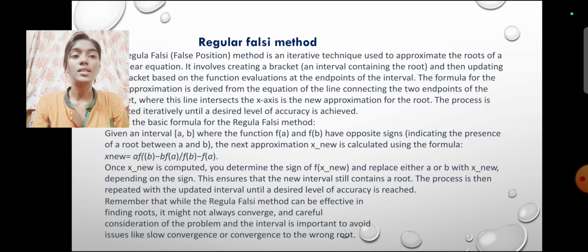This ensures that the new interval still contains a root. The process is then repeated with the updated interval until a desired level of accuracy is reached.